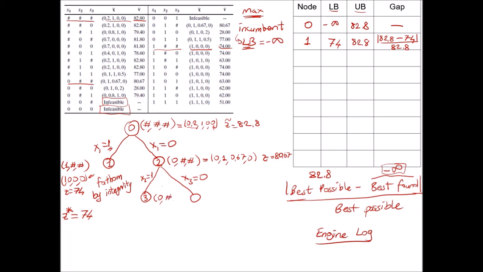It is still free. What about x3? It is fixed to 1. So it is 0, free, 1, which is this one. And when you solve it, we obtain 0, 0.8, 1, and 0. And the z value is 79.4.